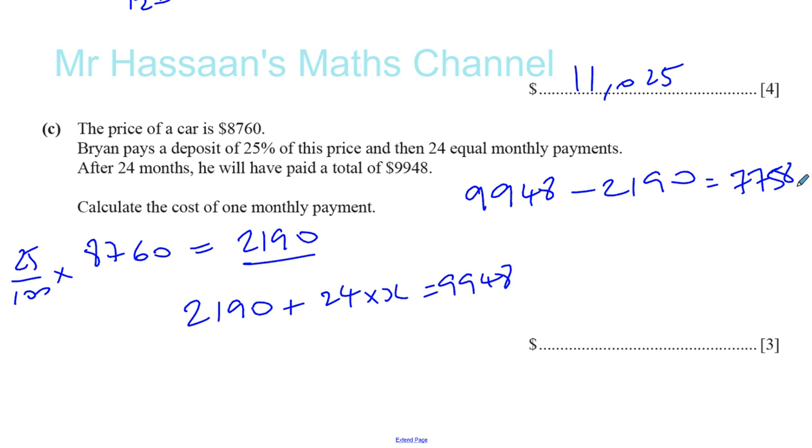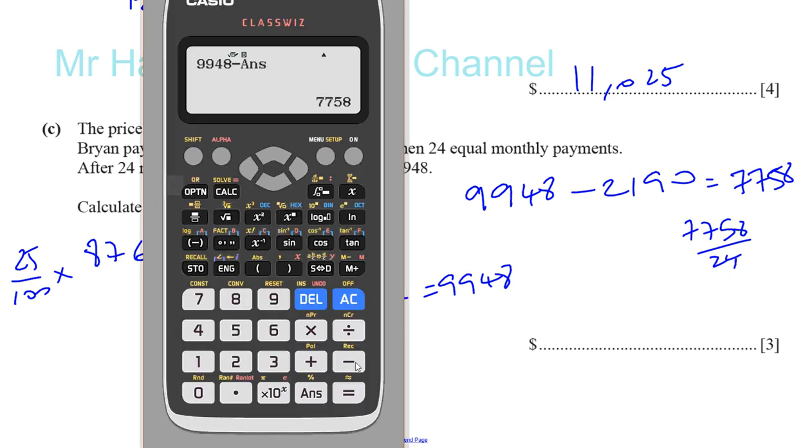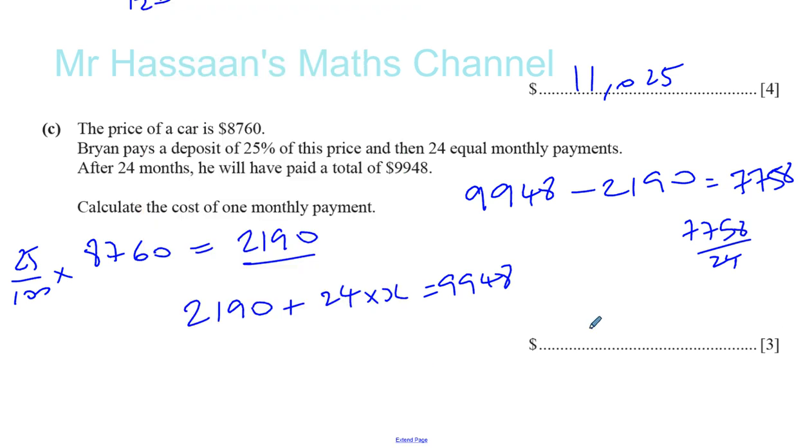I've been doing it this way, where this answer, 7,758, we then divide by 24, and you'll get his monthly payment. 7,758 divided by 24 gives you 323.25. So that will be his monthly payment, 323.25.